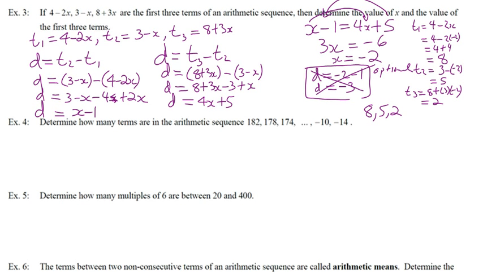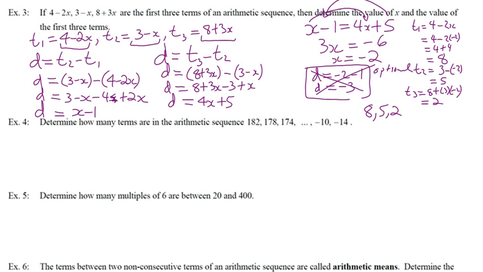Question? If d is equal to -3, why are you using 2 in the equation? I'm using x, not d. So you're just substituting the value of x into the equation that's 4 minus 2x, into all three of them. Then the verification that x is correct will be that these three numbers form an arithmetic sequence.